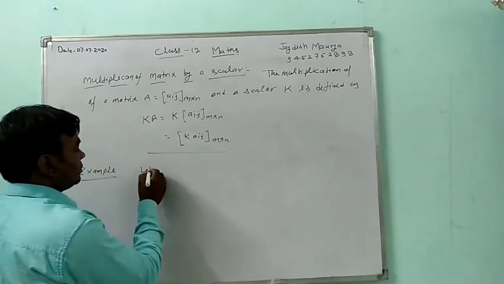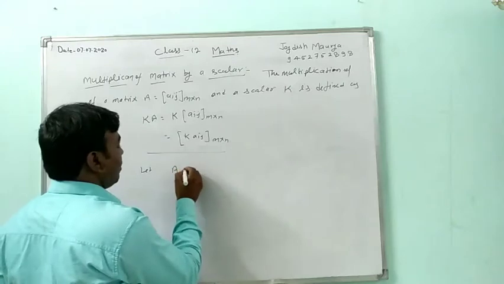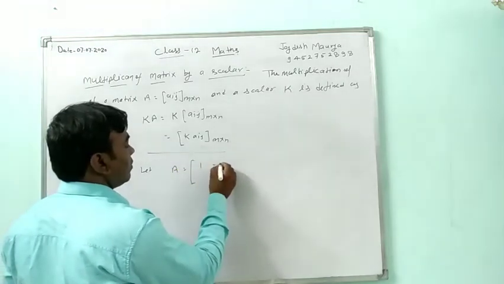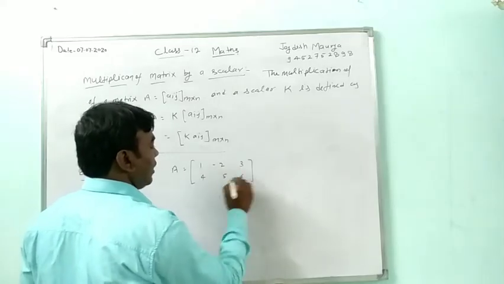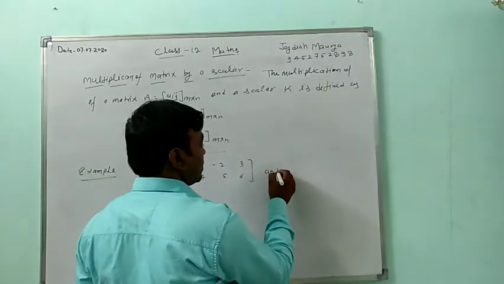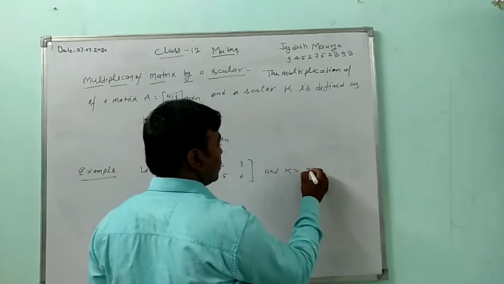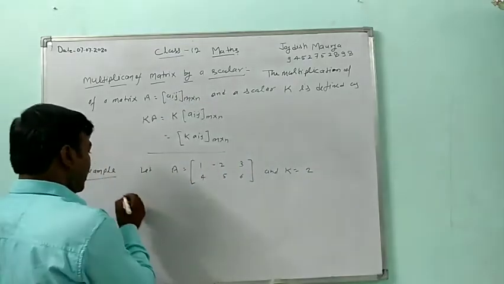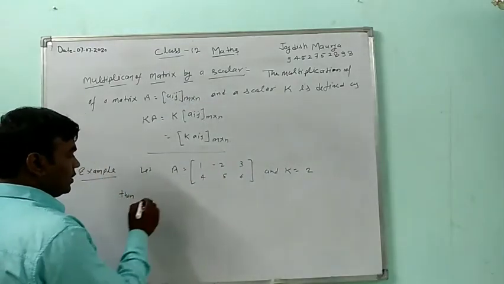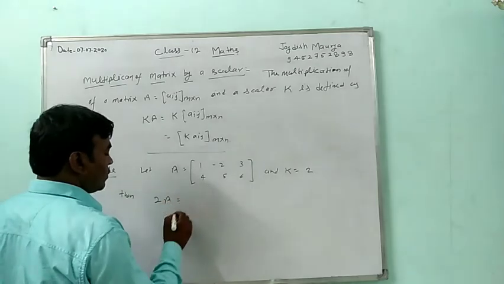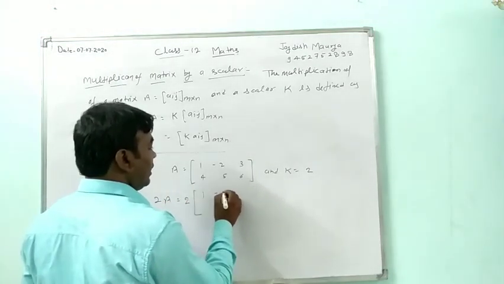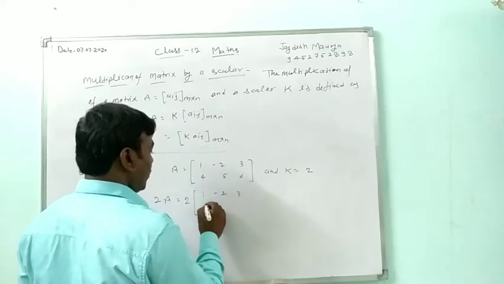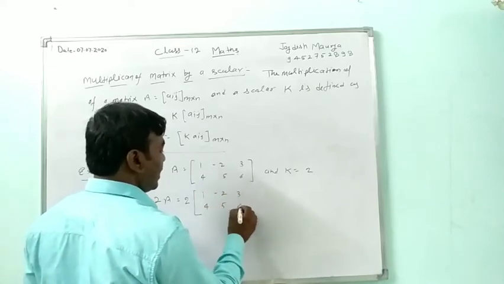let A equal to 1, minus 2, 3, 4, 5, 6 and k equal to 2. Then 2A equal to 2 into 1, minus 2, 3, 4, 5, 6.